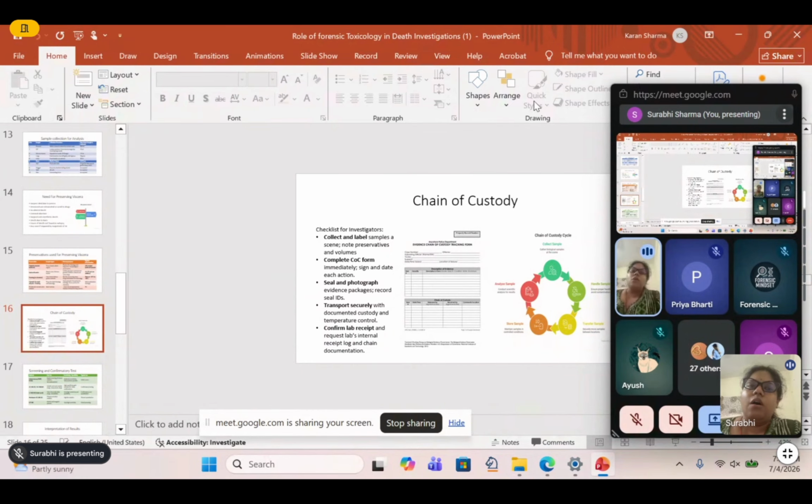For those who have interest in working in toxicology, when the toxicology samples are sent to the lab, a report is formed, in which we have a medical report if a person is alive, or an autopsy report if a person is dead. Then we have a panchnama or a report of the police station.